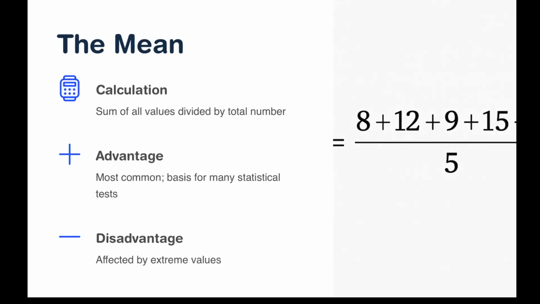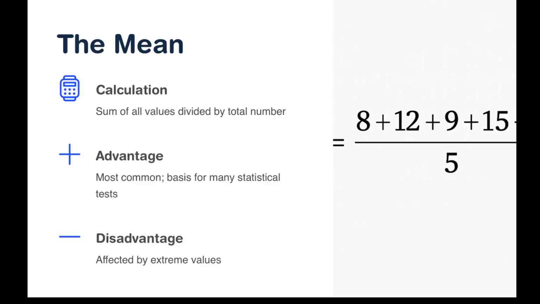One of the central tendencies which we usually use is the mean. It is calculated as the sum of all values. Suppose you have five numbers, you add them up and divide by the total number. What is the most common advantage? It's the most common and the basis for plenty of statistical tests.